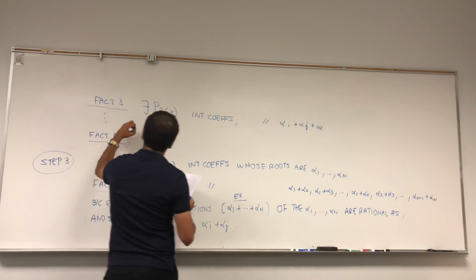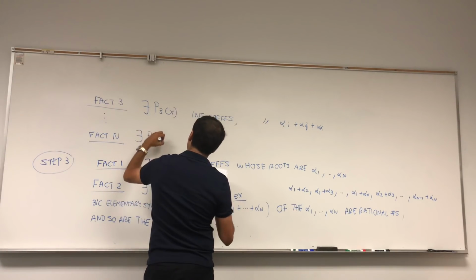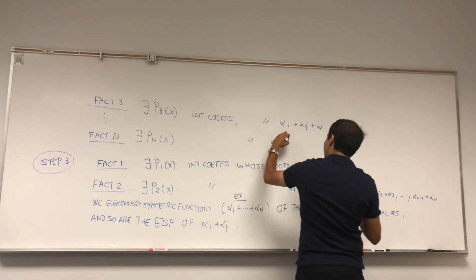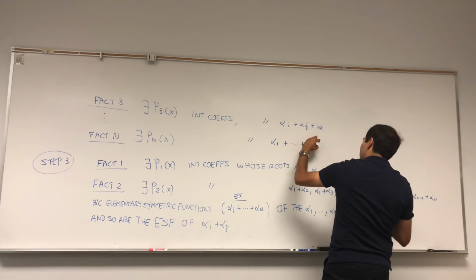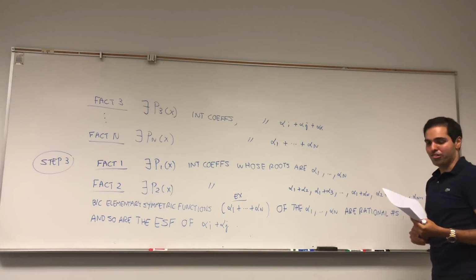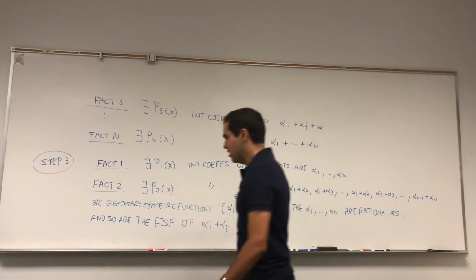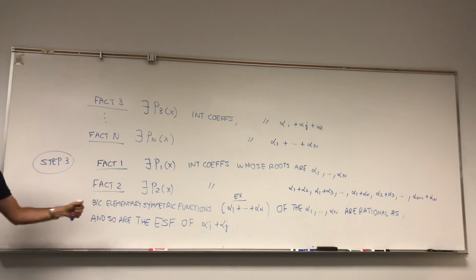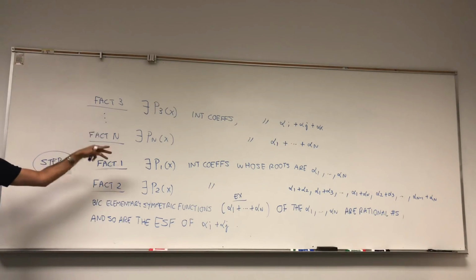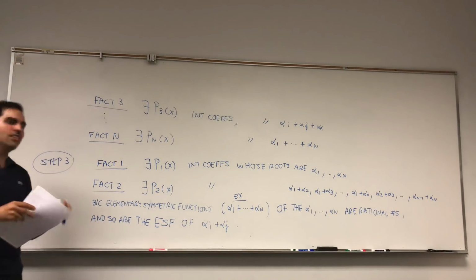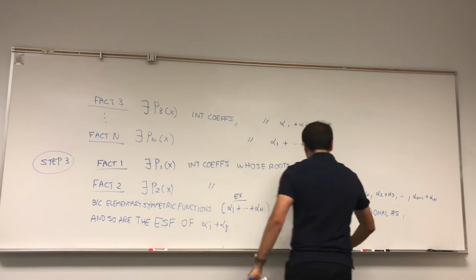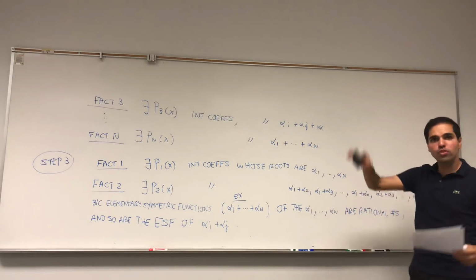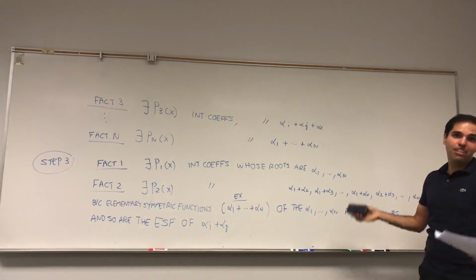So fact n, there exists a polynomial with integer coefficients whose roots are the last term, which is just the sum of all the alpha i's, so n terms. So cool, there are those n polynomials whose roots are the single terms, the double sums, the triple sums, etc., up to the full sum. And from this, we can construct a polynomial whose roots are everything, namely just the product.